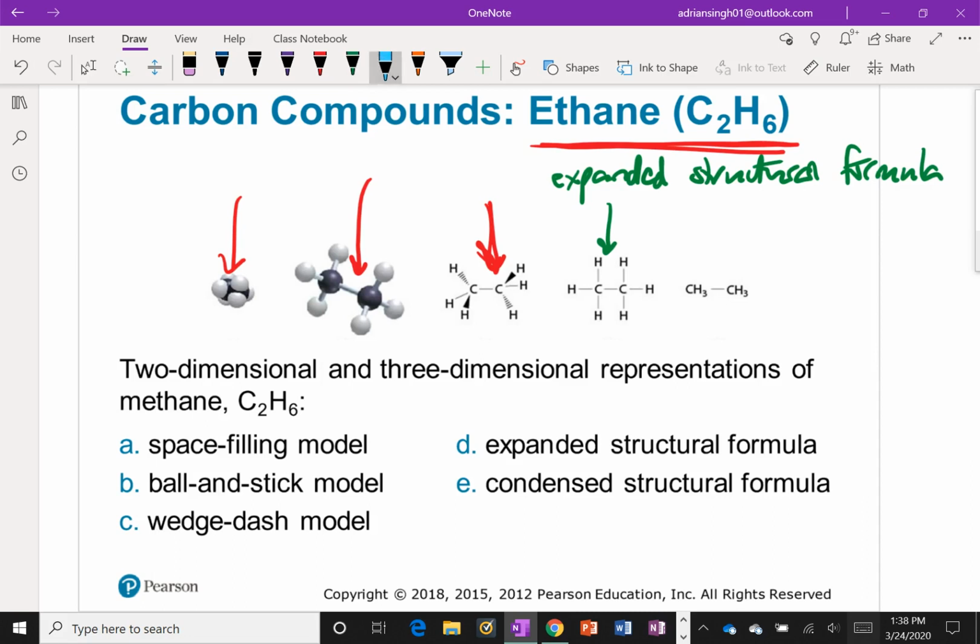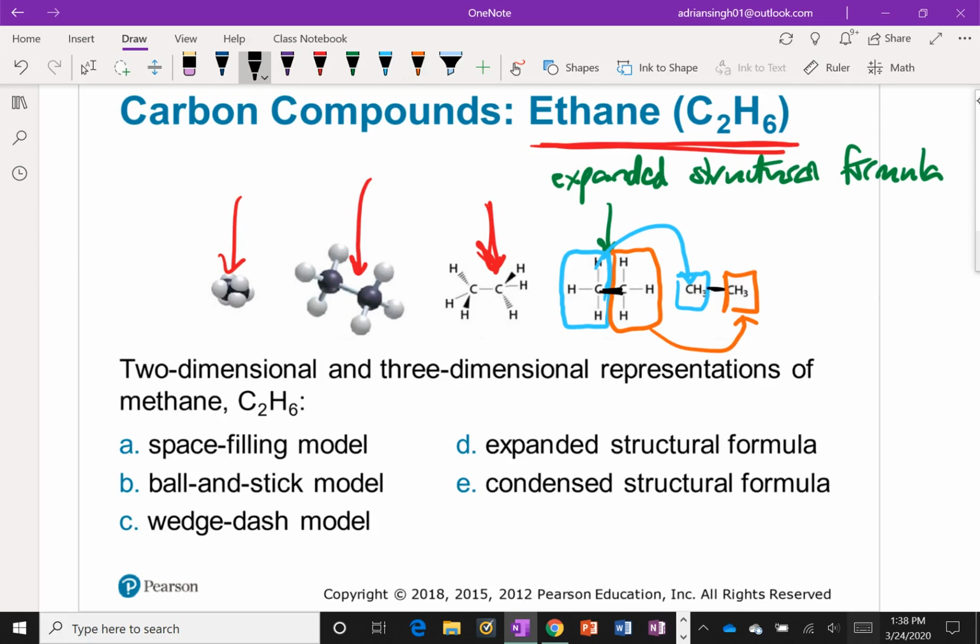So for example, in our expanded structural formula, we have a C and 3 H's, and then that's connected to a C and 3 H's on the right. The way that we represent that would be a CH3. That's the one in blue, and then that's connected to a CH3 on the right side. That's the one in orange. And they're connected by that bond in the middle, that black bond that you show there.